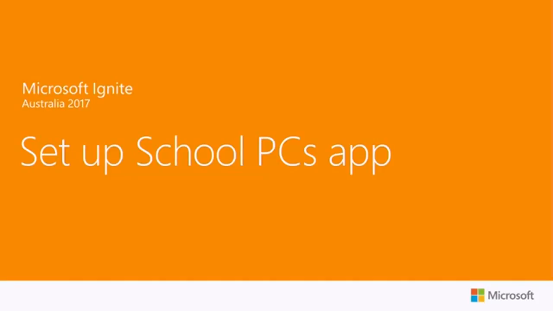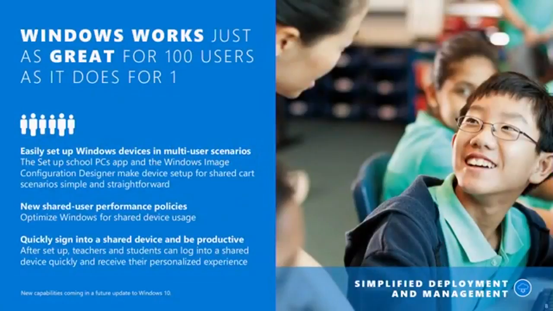All right, so next step here would be, this is more Windows-specific stuff. There's a lot of things that we've done under the covers in Windows in the Anniversary Update and then in Creators Update, policies that allow Intune for Education to work well and a way to put those policies on devices. And this first one is called the Set Up School PCs app. And just a few notes on this before we take a look at it.